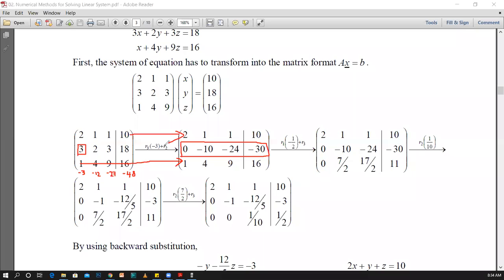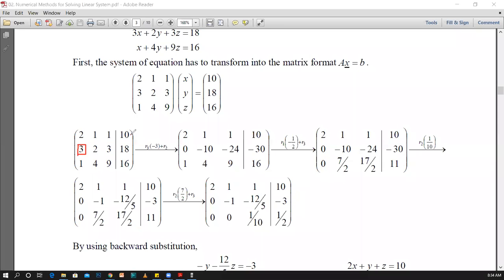If you just do this first part only, then you have to use these new values. But what you have done here was you multiplied row number 3 and those values were added to row number 2. Therefore, we do not make any change to row number 3, so we can keep those values as they are.